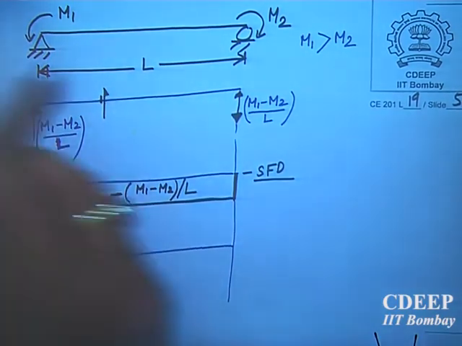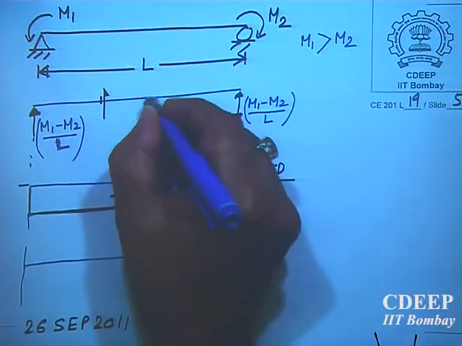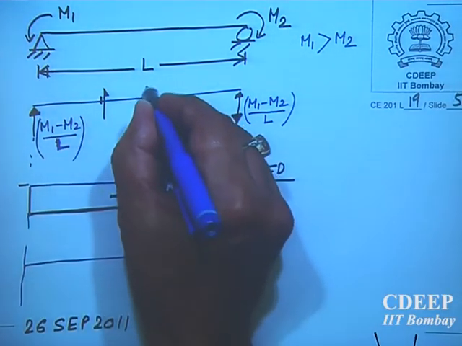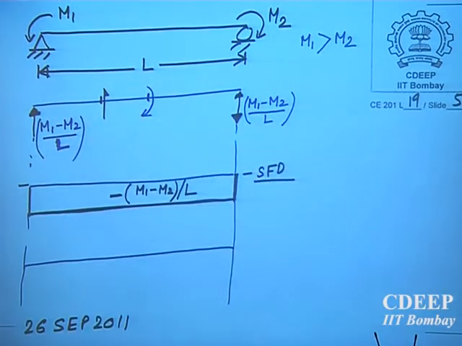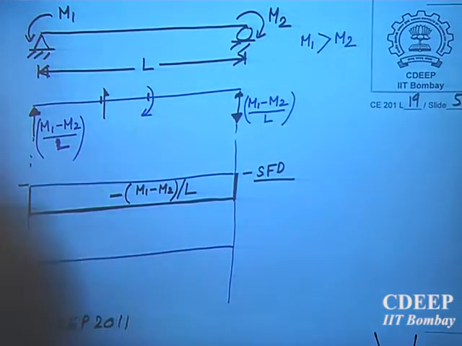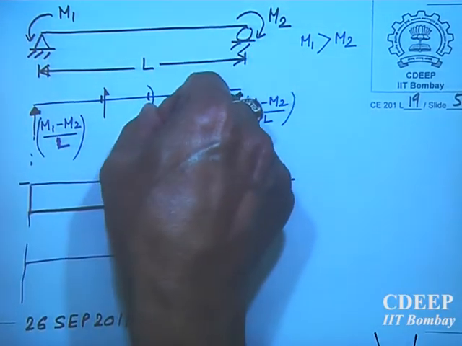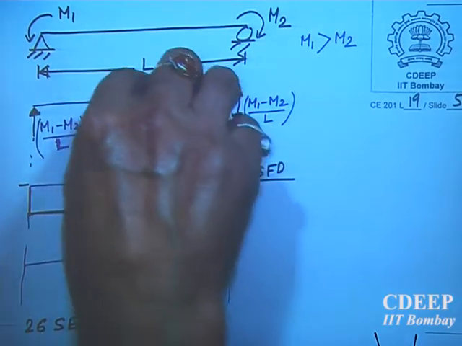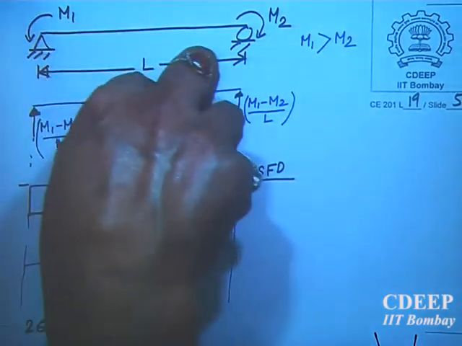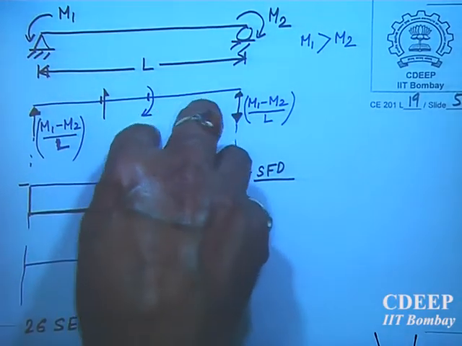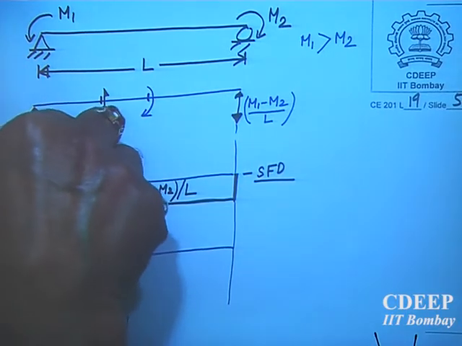Bending moment diagram. At any cross section, I will take another cross section here. On the left, on the positive x face, my positive bending moment is like this. So this direction and this direction are the same, so this one will be negative of this.